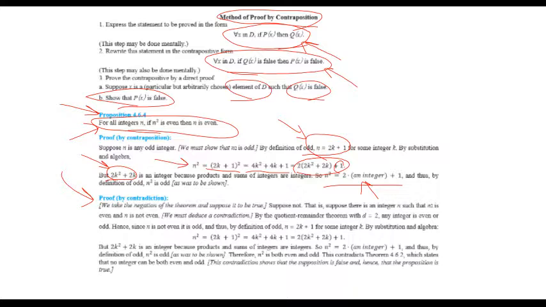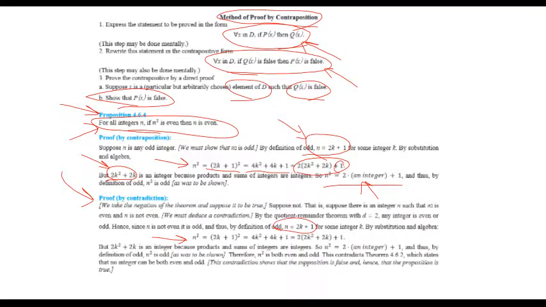If I want to prove this proposition using contradiction, I first have to assume that this proposition is false. So there is some integer n such that n squared is even and n is odd, right? Since n is odd, we can say n squared is equal to (2k plus 1) squared.